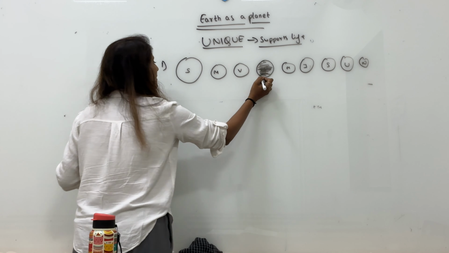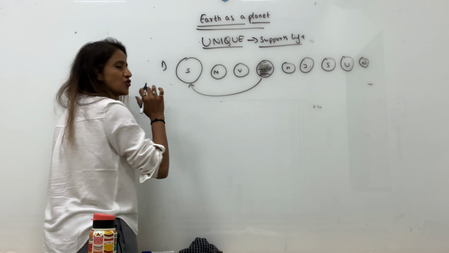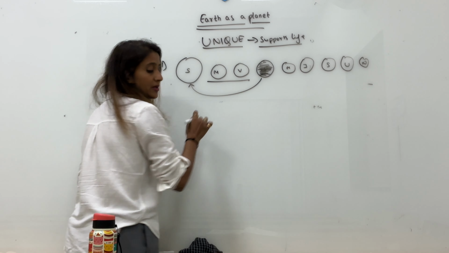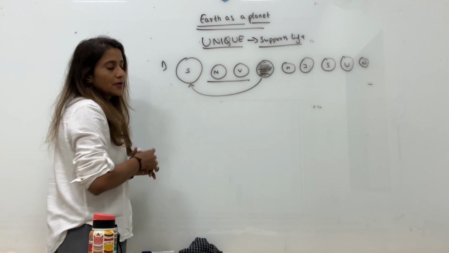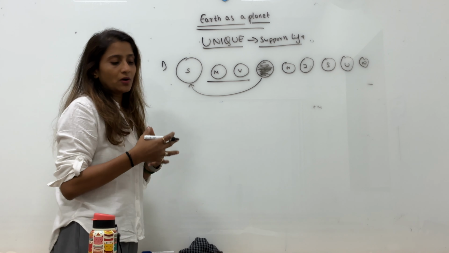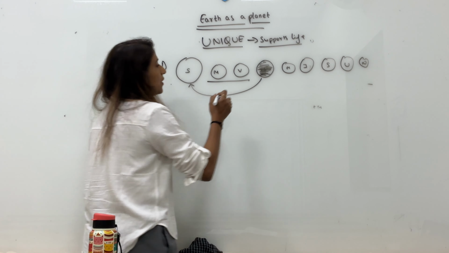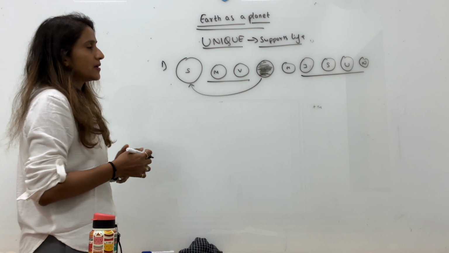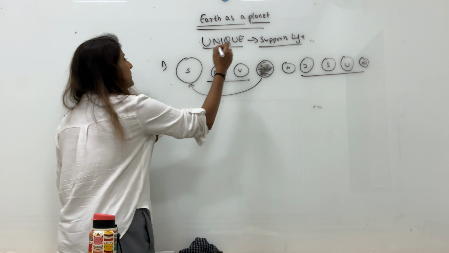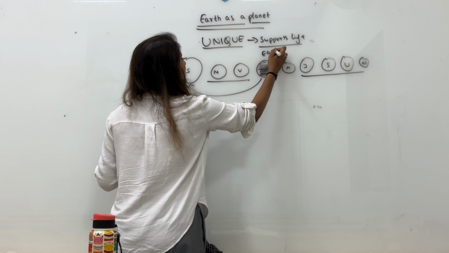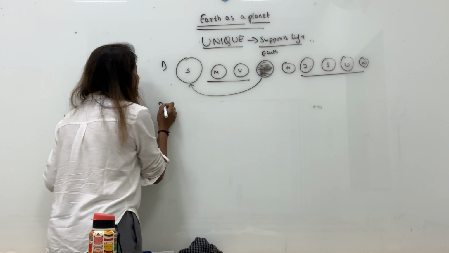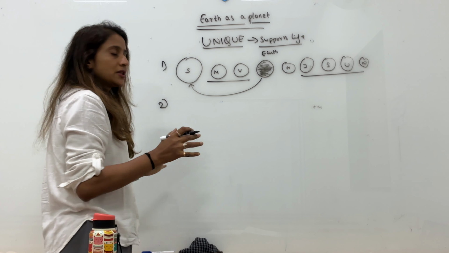Our Earth's distance from the Sun is just perfect. It is not very close like Mercury and Venus, otherwise it would have been boiling hot. It is not very far like Saturn or Uranus or Neptune.